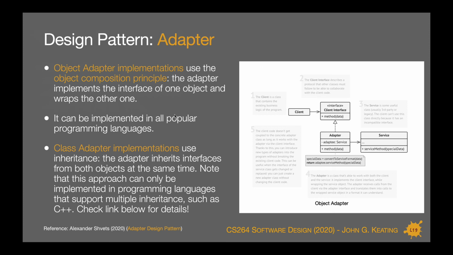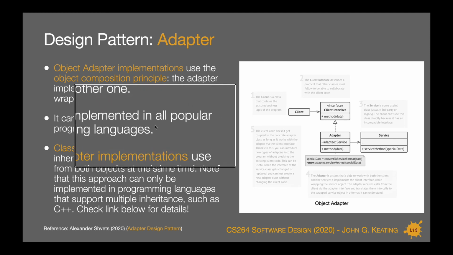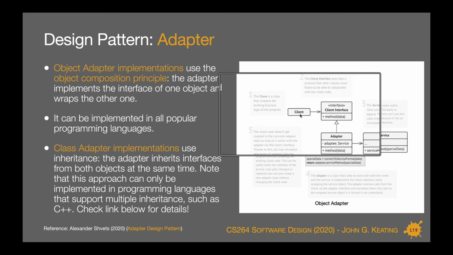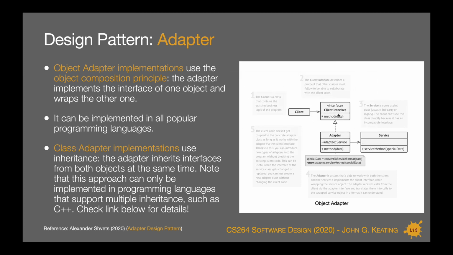The object adapter uses the object composition principle. The adapter implements the interface of one object and wraps the other one, and it can be implemented in all popular OOP languages. We have a client here, and an adapter implementing some client interface for some service.